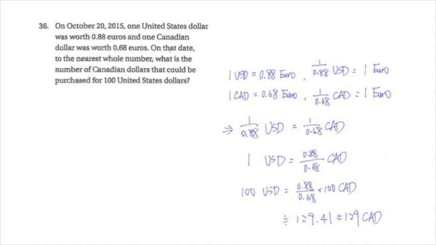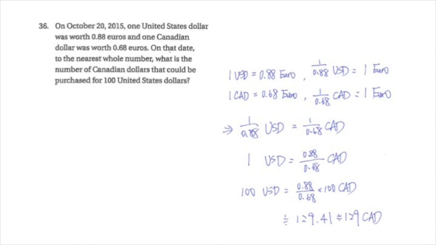Question 36 says, on October 20th, 2015, one United States dollar is worth 0.88 euros and one Canadian dollar is worth 0.68 euros. On that date, what is the number of Canadian dollars that could be purchased for 100 US dollars? So we need to figure out both currencies in euros. 1 US dollar was equal to 0.88 euros.